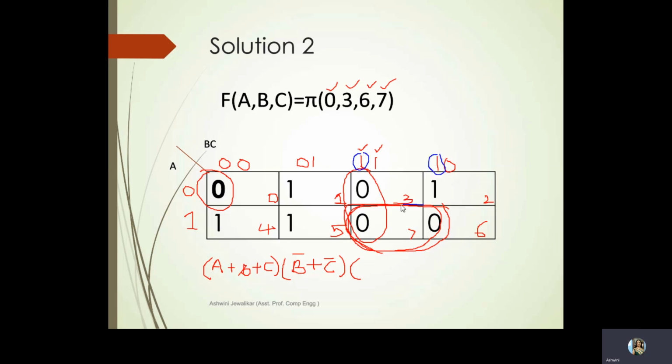Okay, so we are talking about this group, these two zeros. So here B is not changing, C is changing. So forget about C, take the complement of B because the value of B is 1. So here the value of A is 1, B is also 1. So take here A bar or B bar. Okay, so this will be our final answer: A or B or C, and B bar or C bar, and A bar or B bar.